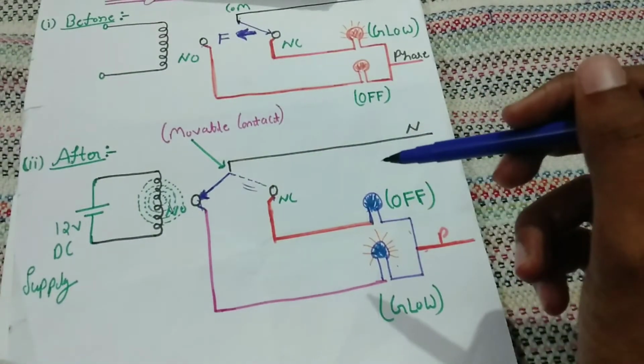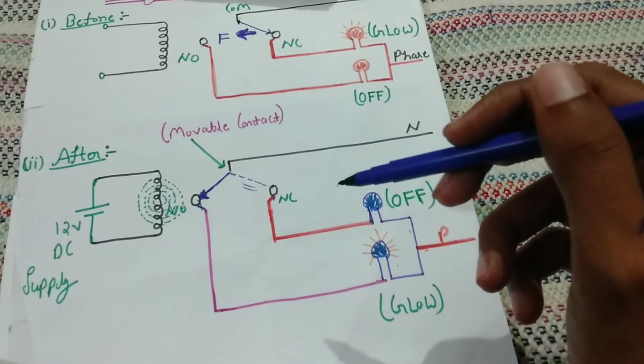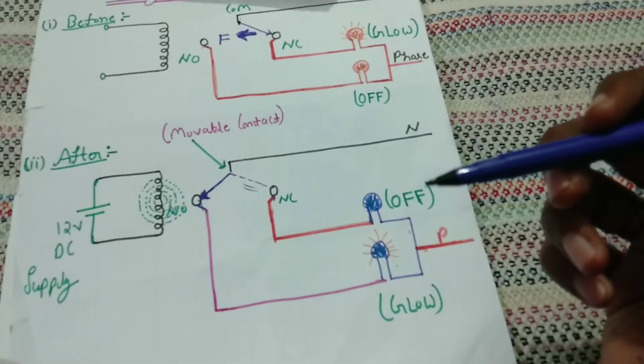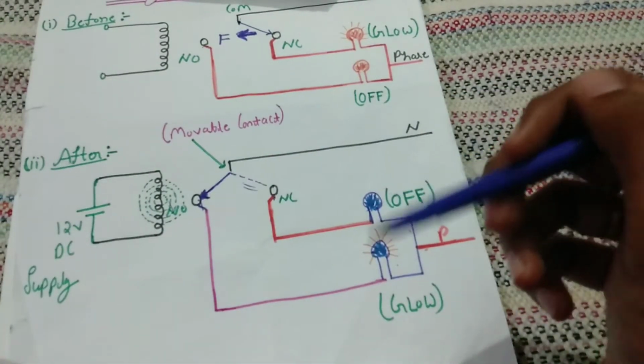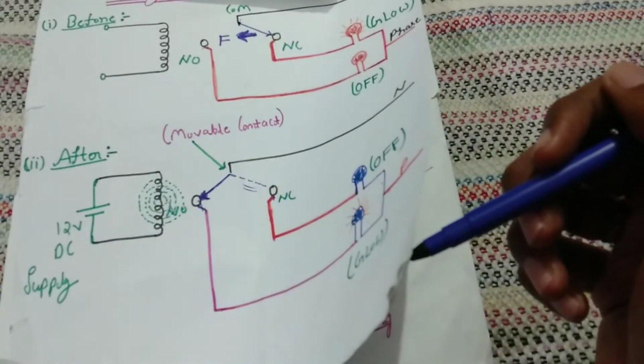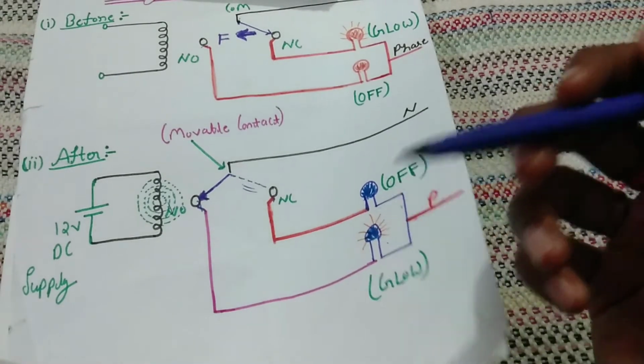So in this way we can switch our loads at 220 volt AC supply with the help of 12 volt DC supply. You can control your home appliances like refrigerator, fans, press, coolers, AC, anything you want.